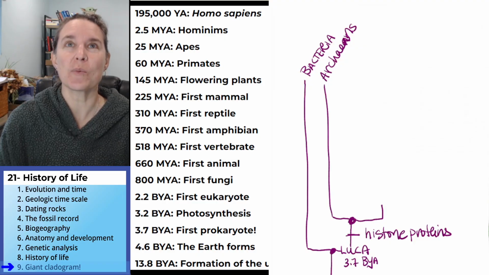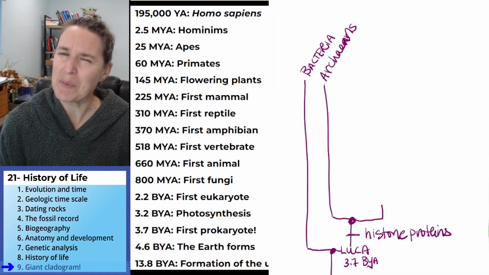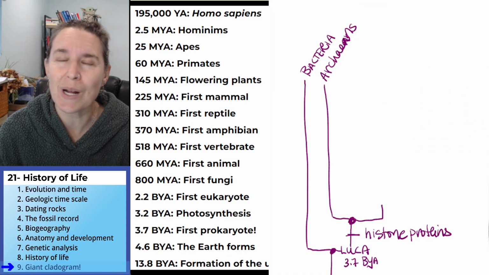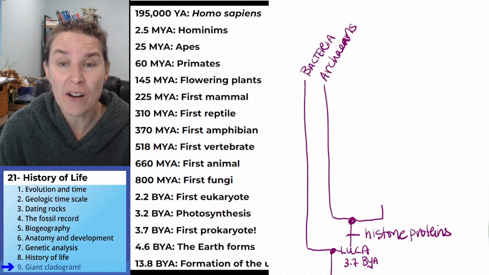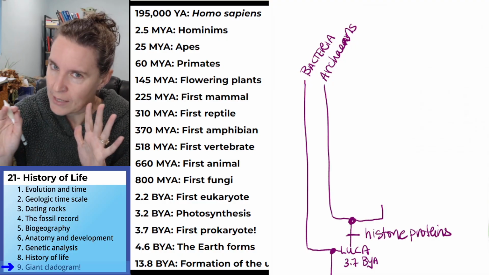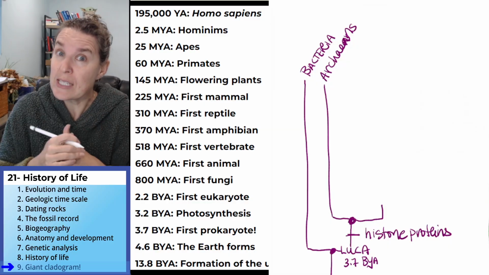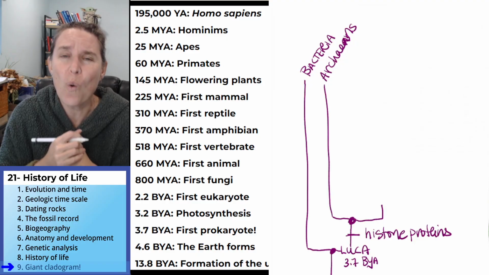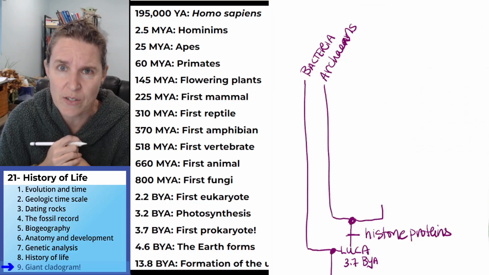Archaeans, I know that we talked about archaea, or maybe we haven't talked about archaea and bacteria yet, but those are our two kinds of prokaryotes. And I definitely will talk about this more in the next lecture, but you'd look at these guys and be like, oh no, they're totally related to each other. They're totally brothers.